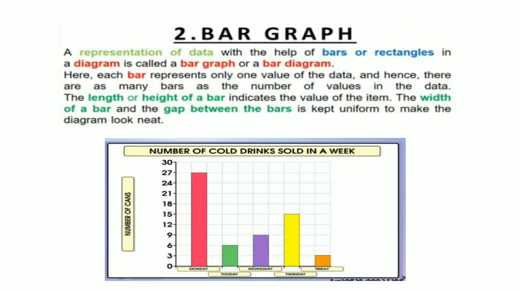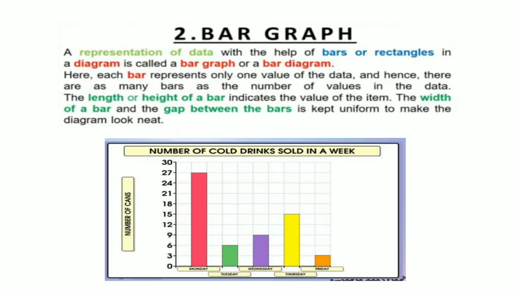A representation of data with the help of bars or rectangles in a diagram is called a bar graph or a bar diagram. Each bar represents only one value of the data, and hence there are as many bars as the number of values in the data.